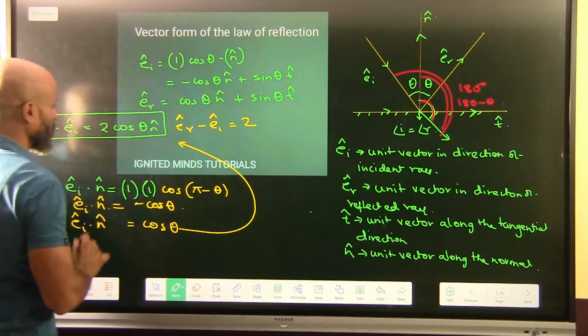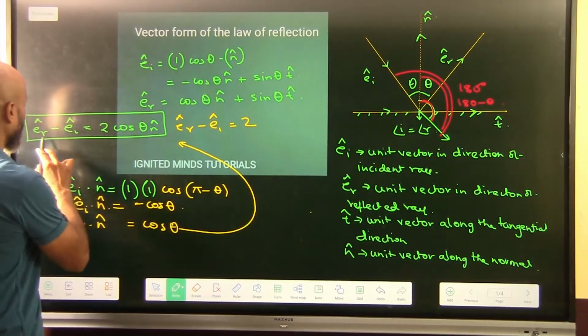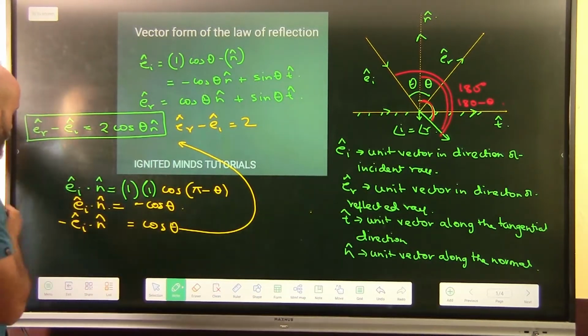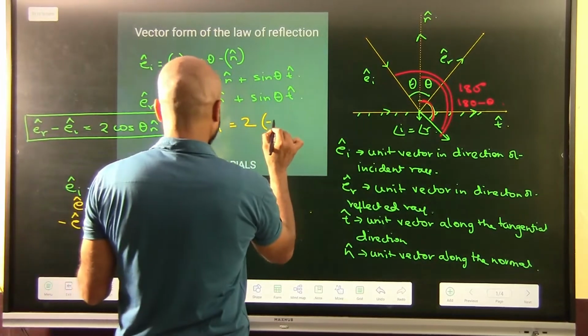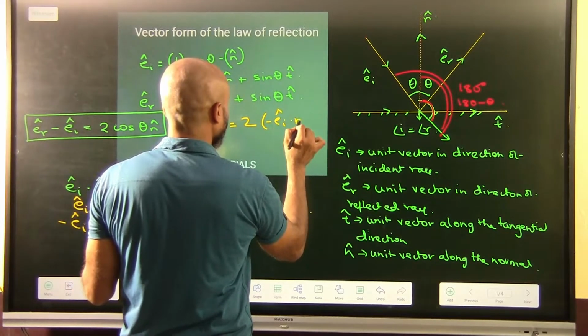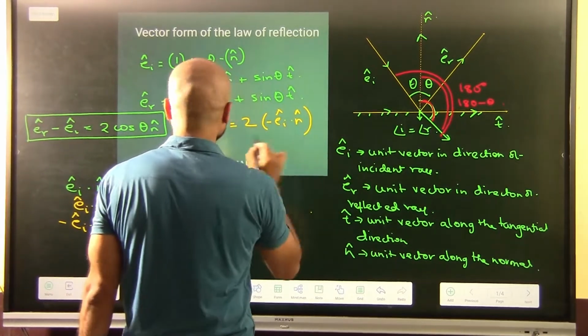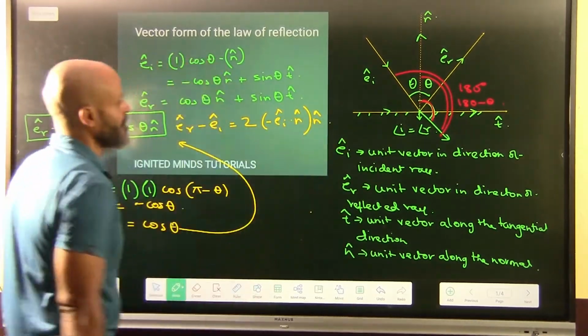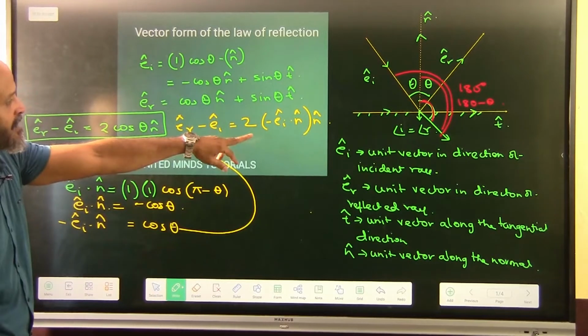The value of 2 cos theta will be minus 2 EI unit vector dot n, and then we have a unit vector n out here. So, this will be the value.